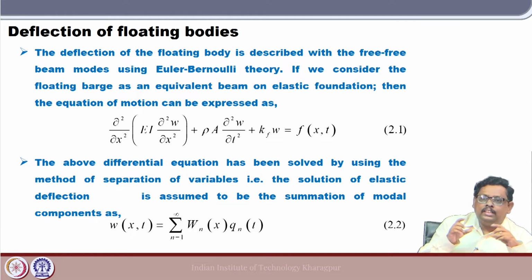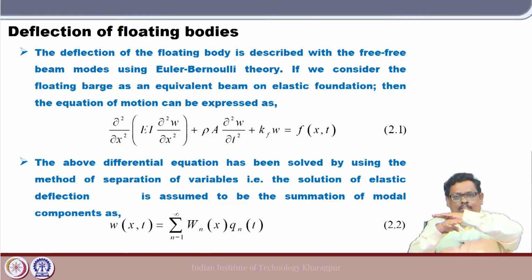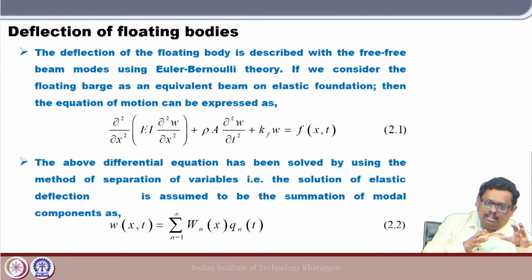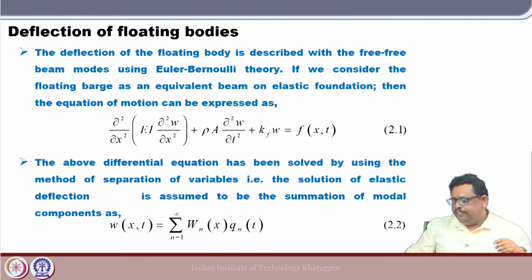For example, in the case of heave, I can simply take the mode shape Wn(x) as simply 1. Why? Because it is a horizontal line, right? And then the amplitude is the amplitude of the heave. So this is the idealization of how I can see the heave mode in terms of this Wn(x) into q(t), is it not?